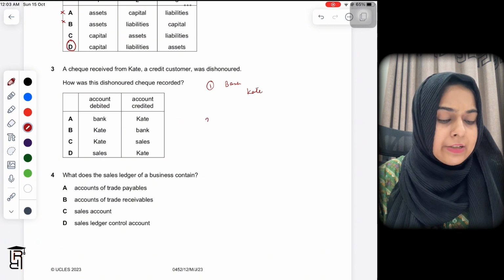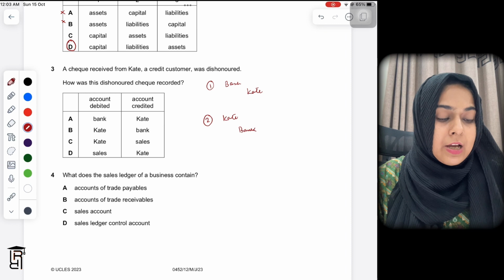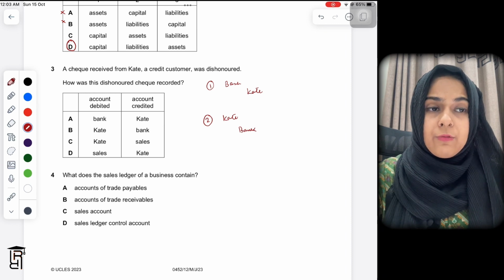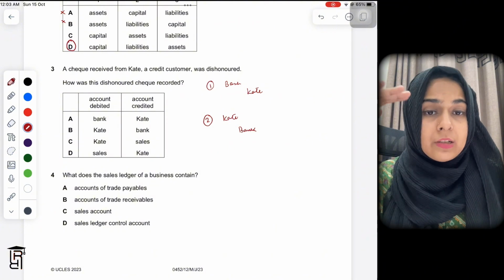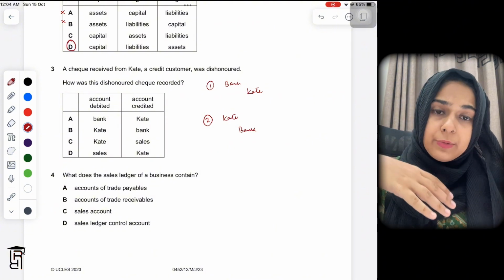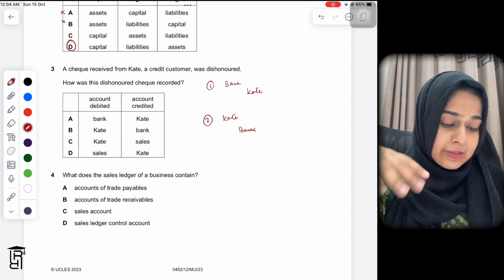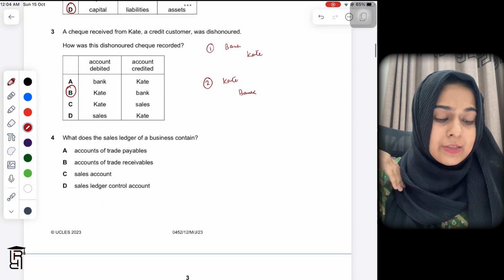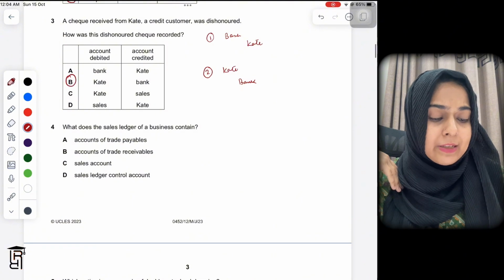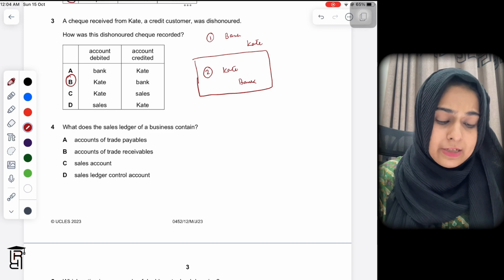The second journal entry reverses that: you debit Kate and credit bank. Previously you recorded the money received on the debit side of the bank account and credited the customer's account. Now you make the customer your customer again, so you debit the trade receivable and credit the bank account. So the answer should be B, Kate debit and bank credit. When the check gets dishonored, you make this second entry.